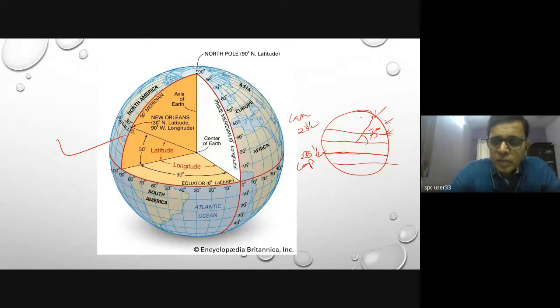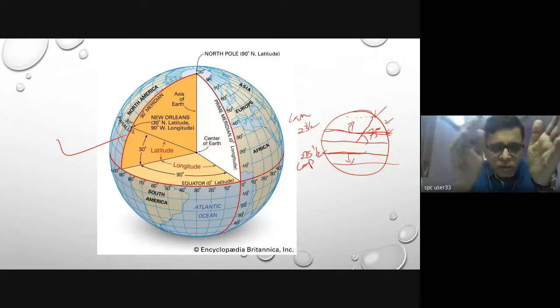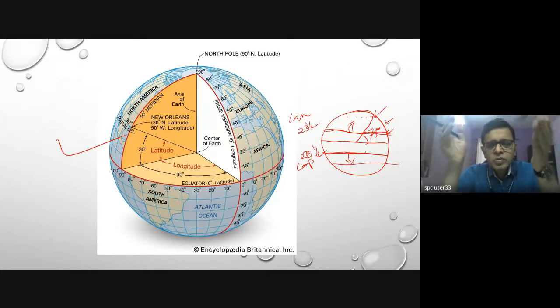You'll see that these are the limits to the perpendicularity of the sun's rays. So any place beyond these points, what does perpendicularity also mean? Any place beyond the points of 23 and a half degrees, as long as the axis of rotation of the earth is 23 and a half, will not have overhead sun.